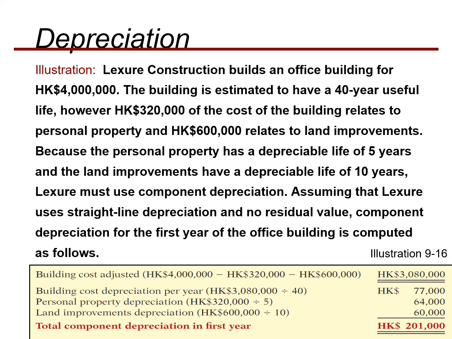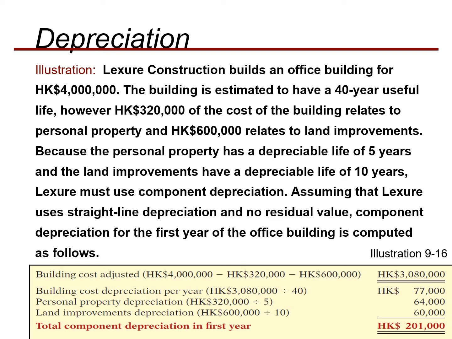The personal property has a depreciable life of 5 years, and the land improvement has a depreciable life of 10 years. Leisure must use component depreciation. Assume that Leisure uses straight-line depreciation and no residual value. Component depreciation for the first year of the office building is computed as follows.